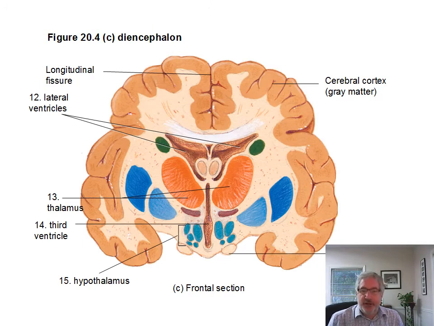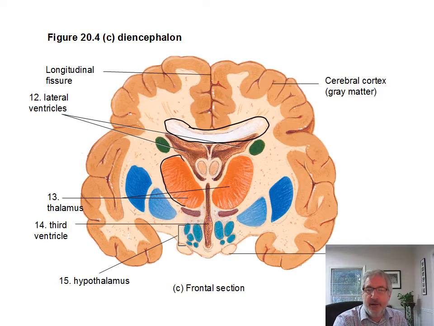This is a frontal section of a diagram of the brain. And so we talked about the corpus callosum, and that's what this section is right here. And these egg-shaped bodies here, that's a thalamus, and here's another thalamus here. But what I really want to talk about is the cerebral cortex.